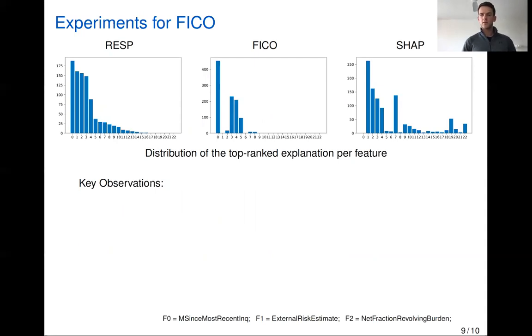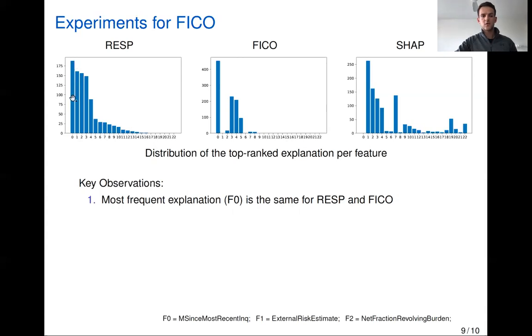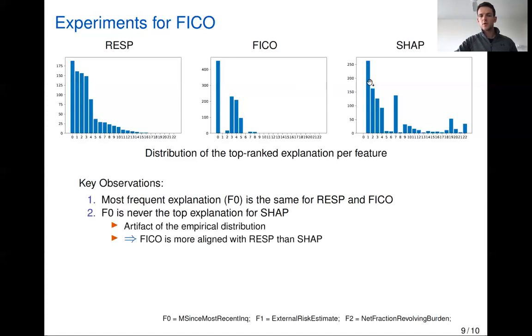And I want to highlight three key observations. First, the most frequent explanation is the same for RESP and FICO. So this is given by the first bar here, F0, and it is the most frequent explanation for both of them. However, when we consider F0 for the SHAP score, it is never a top explanation.